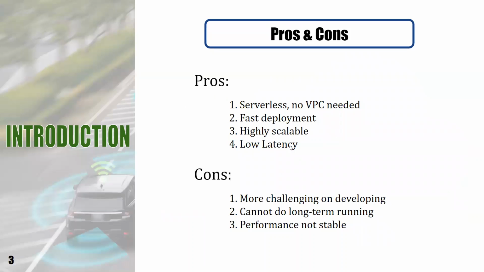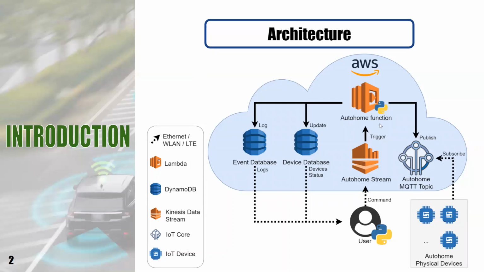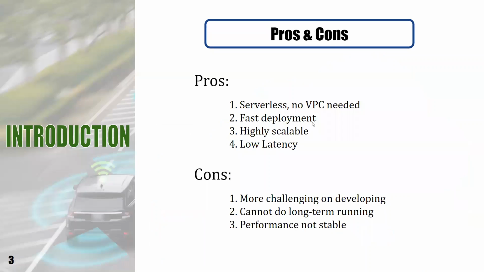Now the disadvantages of my architecture. First, it's more challenging to develop since you don't have a server to test on. All you can do is put your code into your Lambda function and then test the whole architecture again, trying to find errors. Also, without a server, your Lambda function cannot support long-term running.